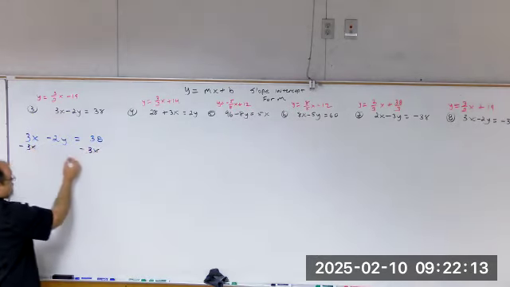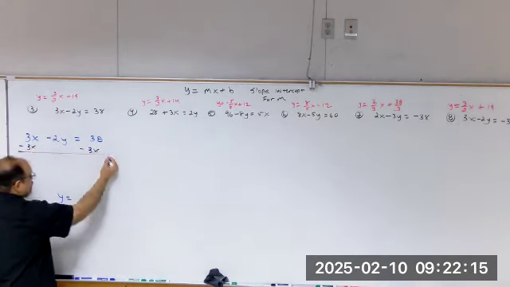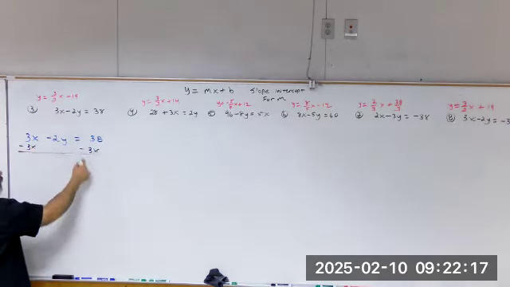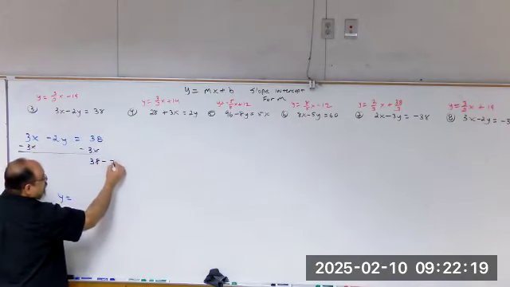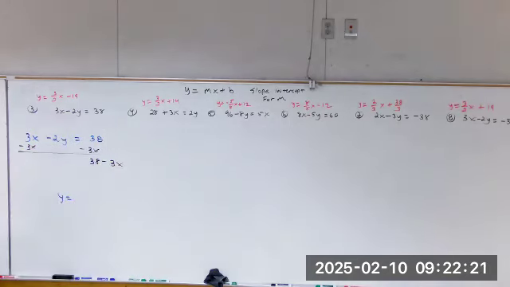Now, placement matters. I know you want to put 38 minus 3x, and it's not wrong. It is absolutely not wrong, but I've seen people do this. They don't get it right. It's not wrong. But what you have to keep going with, that's where the mistakes happen.